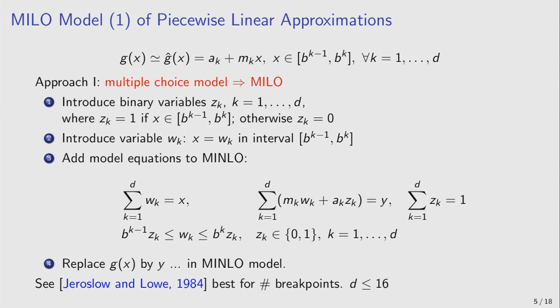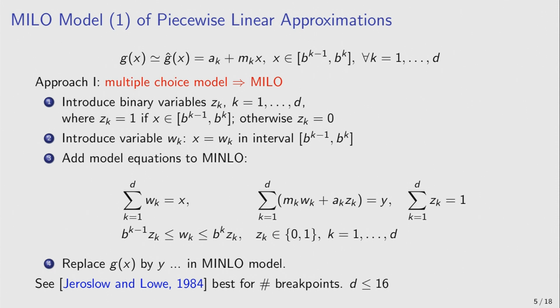And so there's a way of rewriting this by using additional variables wk that lie in this interval. The wk's are variables that are lower bounded by zk and upper bounded by zk.